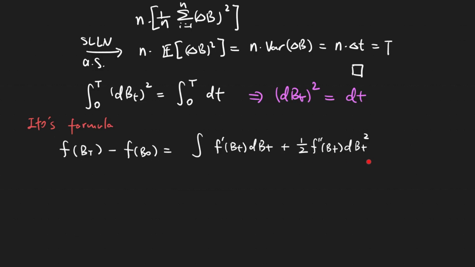We need to include the second order term here because dB_t squared is not negligible.